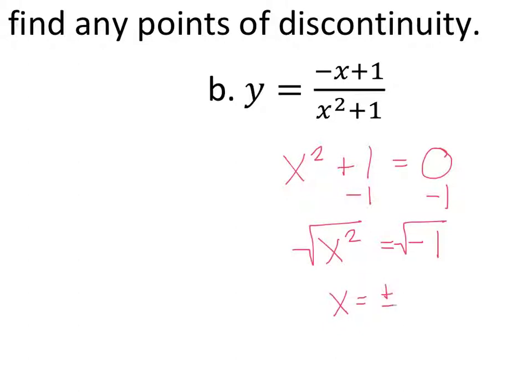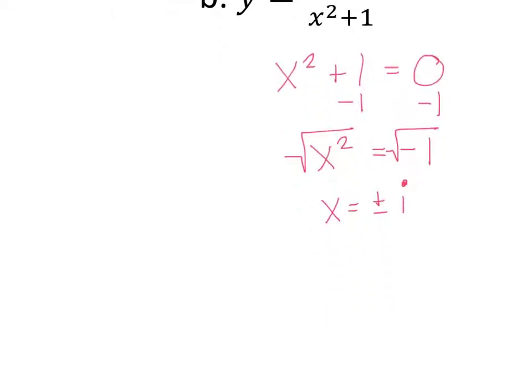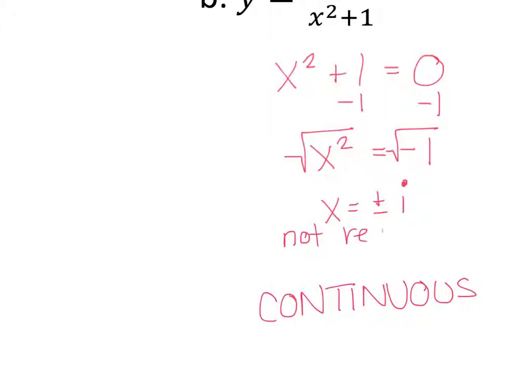Plus or minus i, the square root of negative 1. Now, if you remember, it said real numbers. So there's no point of discontinuity, so it's continuous. I'm going to write not real number. So it's continuous.